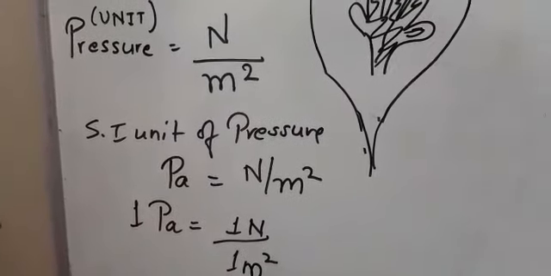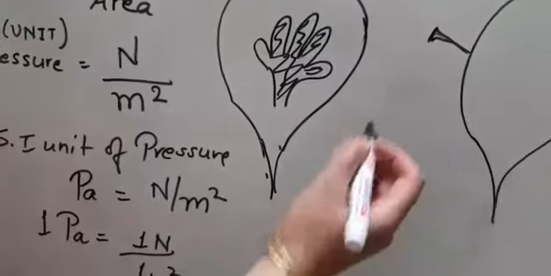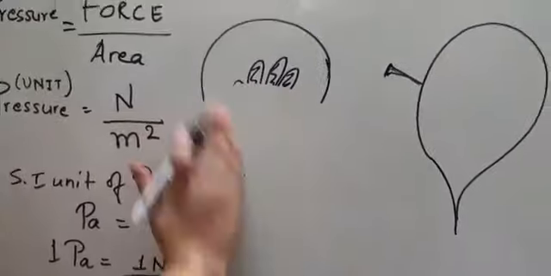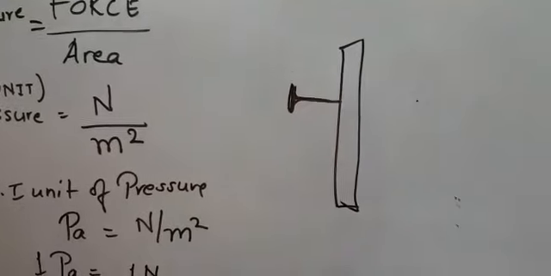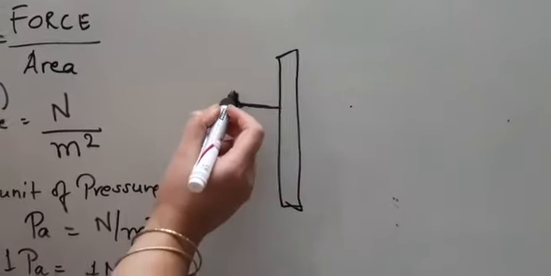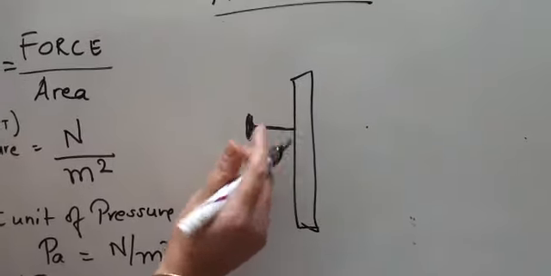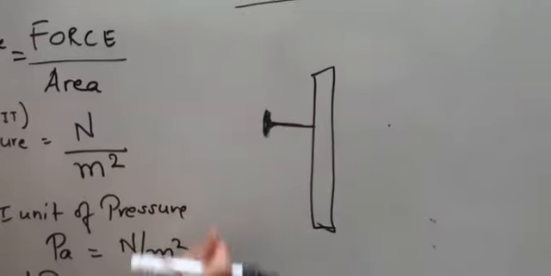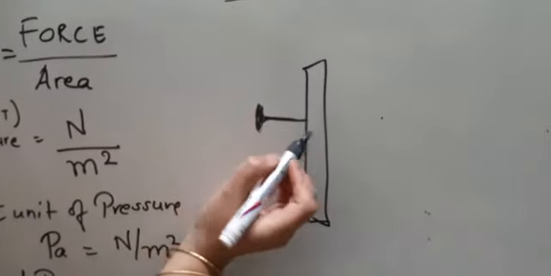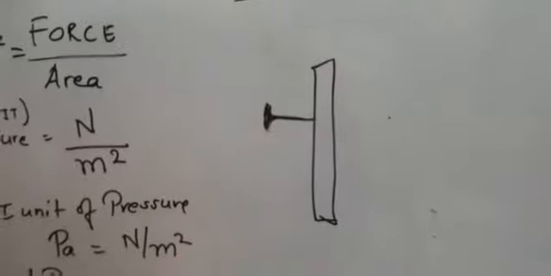Some more examples I will share with you here. If instead of this balloon, this is a bulletin board or a wooden plank. I say bulletin board because in every class we have bulletin boards, and this is a thumb pin which we press to get it inside. I press the pin and only this small area is in contact with the plank.